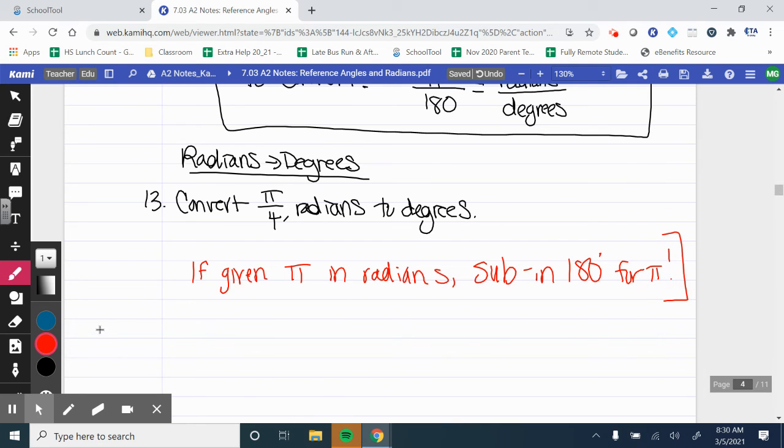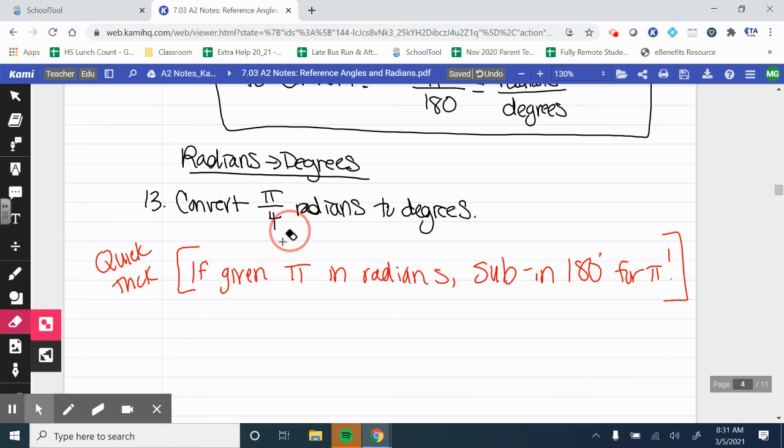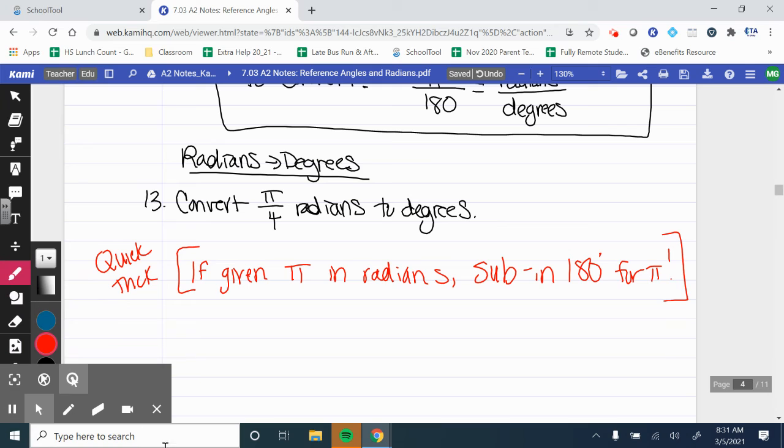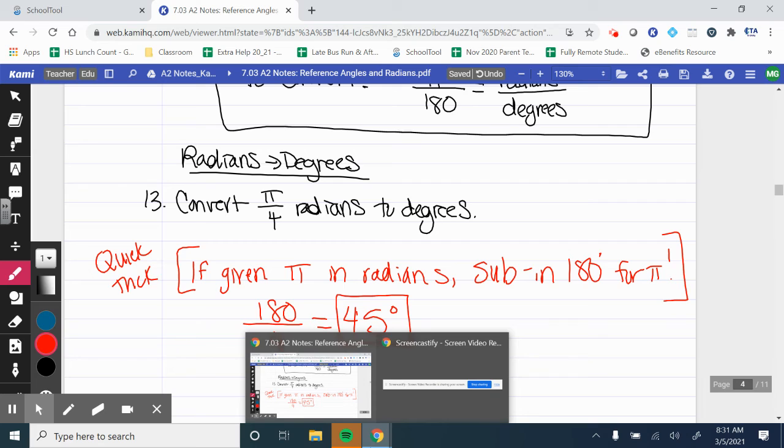That's our quick trick here. It won't always work if there's no pi in there, but if there is a pi, then that's what we can do. So I can take 180 degrees, put it in for pi, and divide that by 4. So 180 divided by 4 gives me 45 degrees. So that is equal to pi over 4.